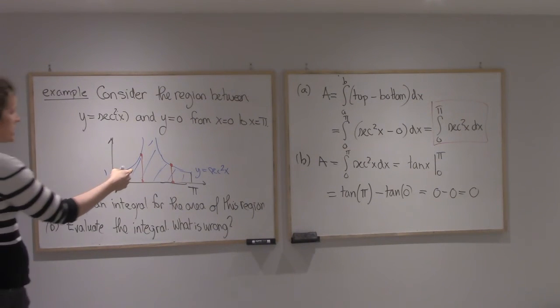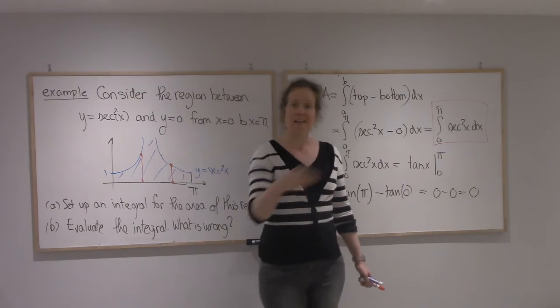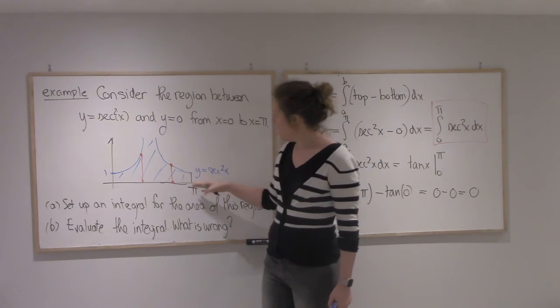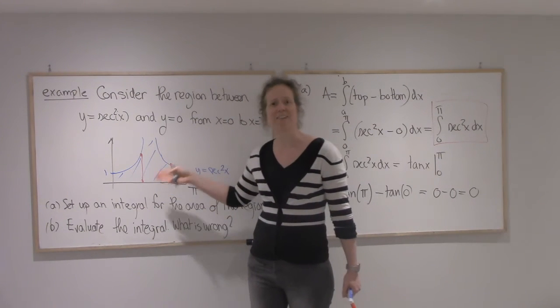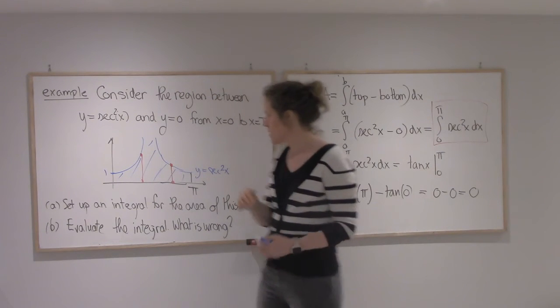The computation tells us that this blue area is 0. And that makes no sense because even if my graph is a bit off, the minimum height is 1 and the width is pi, so this must be at least pi, and frankly it must be more. And so something's wrong.